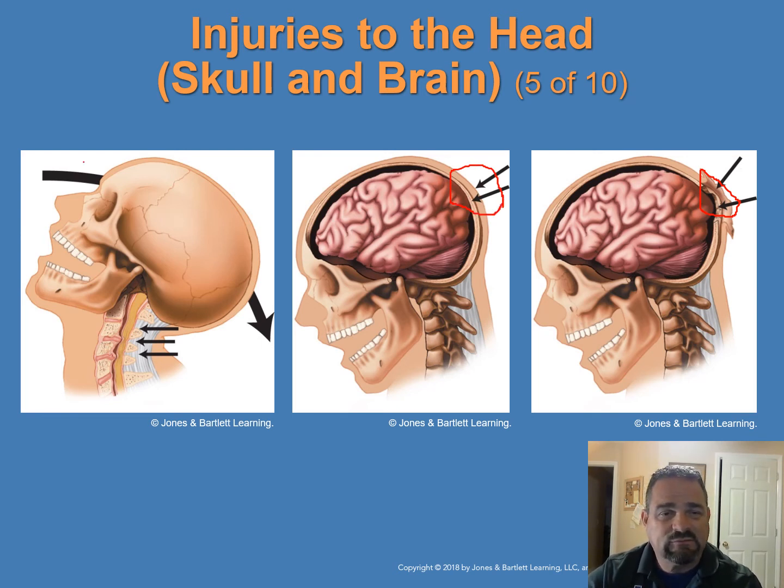And this is what we call the coup, when the head gets snapped back from direct force to the head, or even from direct force to the neck, causing both internal head injury, or brain injury, and then possible spinal cord injury as well at the cervical spine.